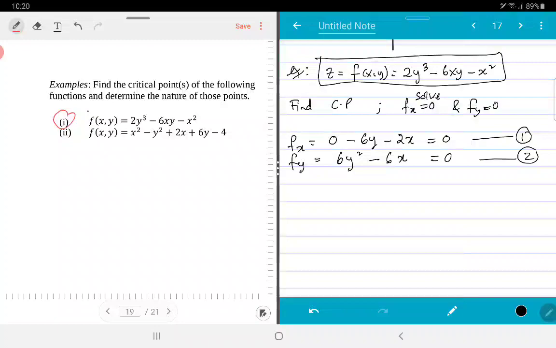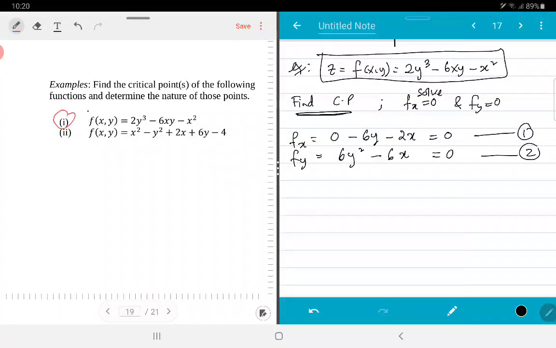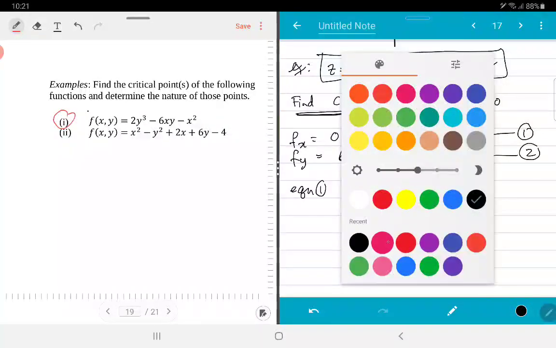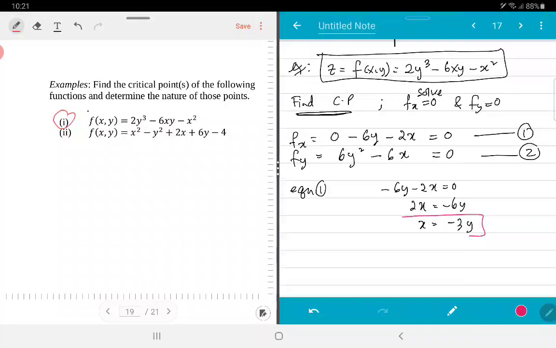Some of you can do this very quickly, because we are in the process of finding the critical point. Let's start with equation 1. From equation 1, we can rewrite this as 2x equals negative 6y. So here we get x is equal to negative 3y. I want to put a box around this.